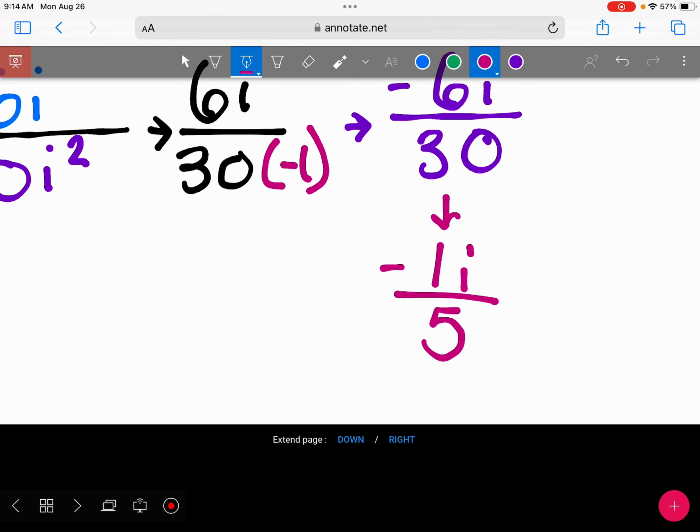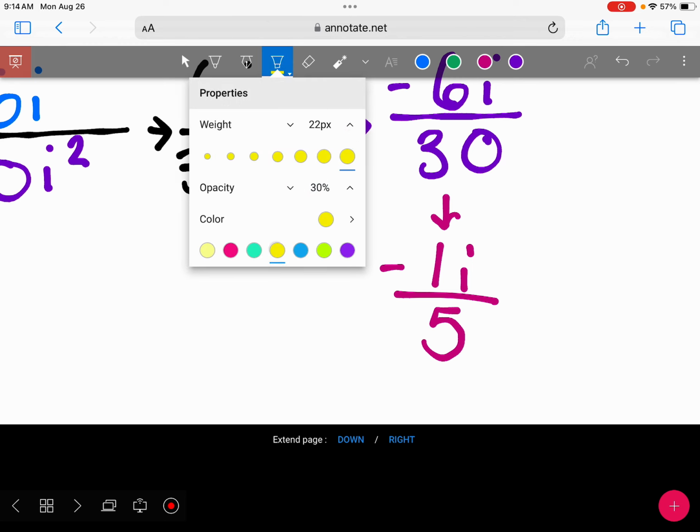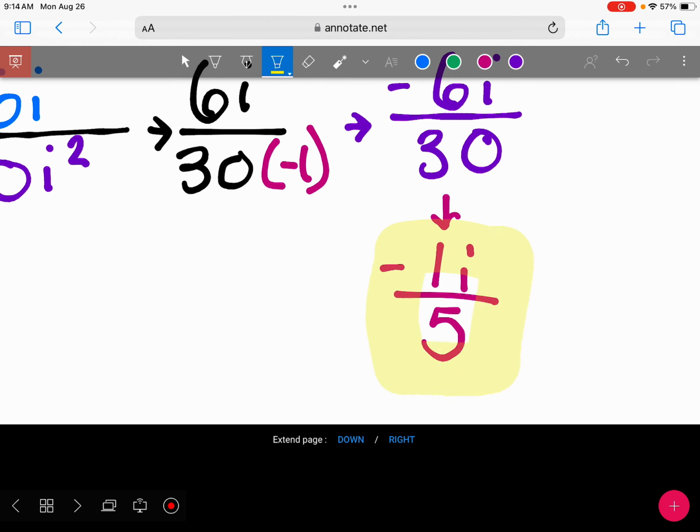So you can either write it as -1i over 5, or -i over 5, or i over -5. Feels icky, but you can do that. Okay, so when they have negative numbers like this, just switch them out for i's.